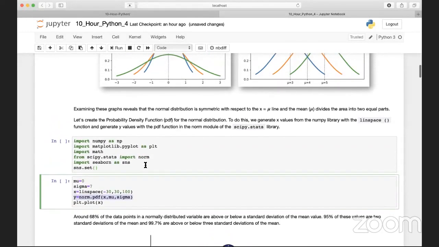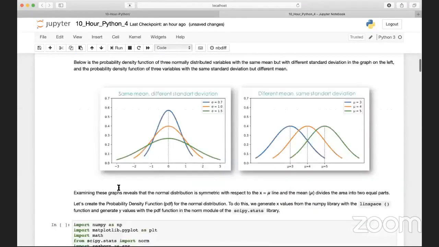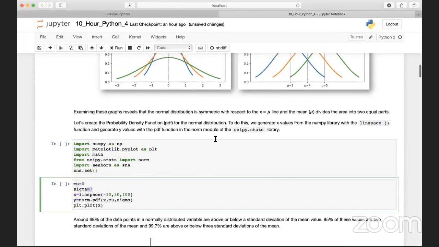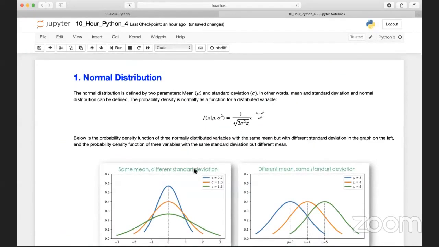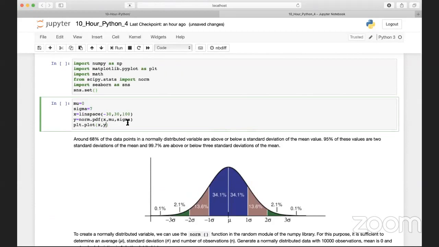As I said, this is the equation of the probability density function. What I do in this code is that I know the X, and I know the mu 0 and sigma 7. So basically I substitute these values by this x, mu, and variance. Okay, that's all.